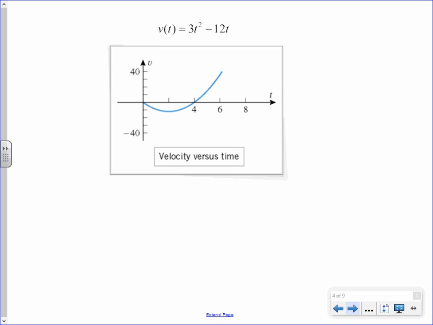Now let's look at the zeros of the velocity graph. What's happening at t equals 0 and t equals 4? The object is at rest, or switches directions.